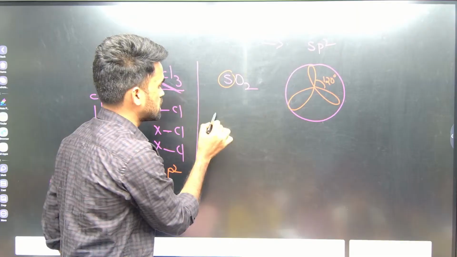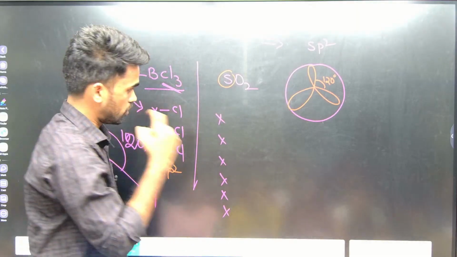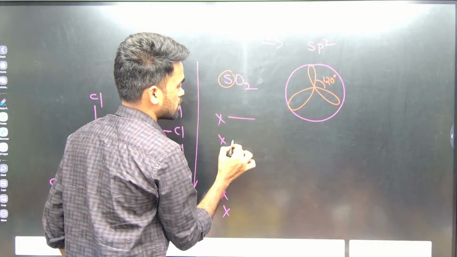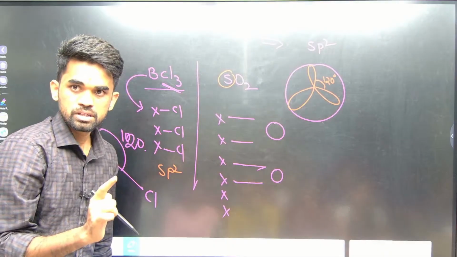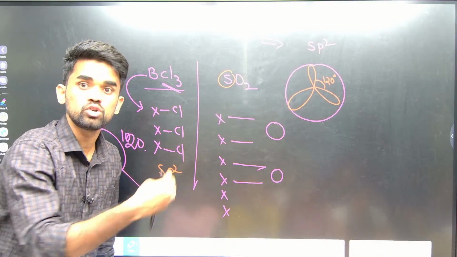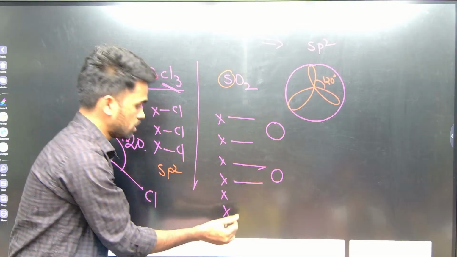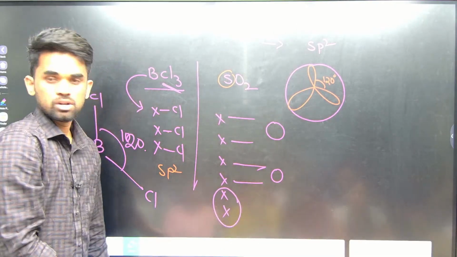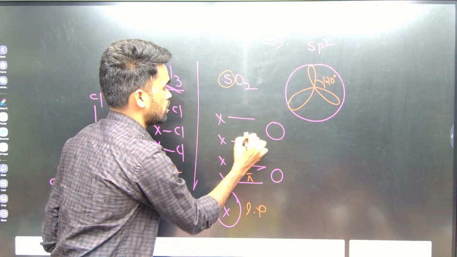Sulfur, 16, so 6 valence electrons. Each oxygen is divalent, so it makes 2 bonds. Yes or no? 16th group means 6 electrons are there, 2 more electrons are required to make an octet. That's why it is making 2 bonds. So this will remain a lone pair, pi bond, sigma bond, pi bond, sigma bond.